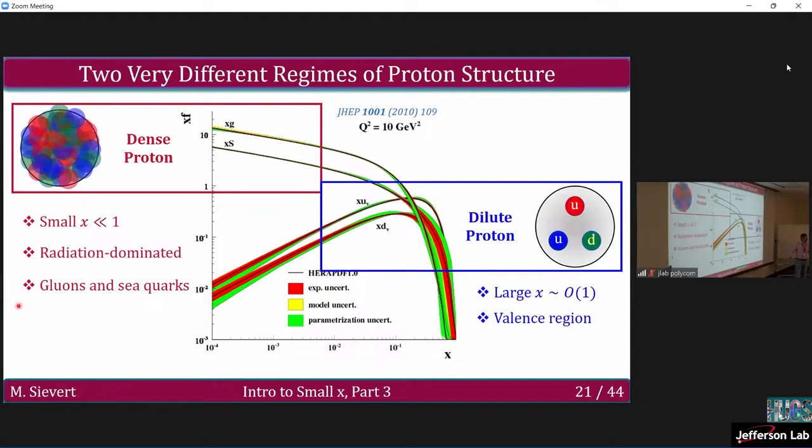There are 2 very different regimes of proton structure. The one that lives at large X is the one that we normally think about when we think of the proton. Our naive picture of the proton is it's made of 3 quarks, 2 up quarks and a down quark. And that's literally true to a certain extent. In the region where X is large, there are predominantly up quarks and down quarks. There are about twice as many up quarks as down quarks.